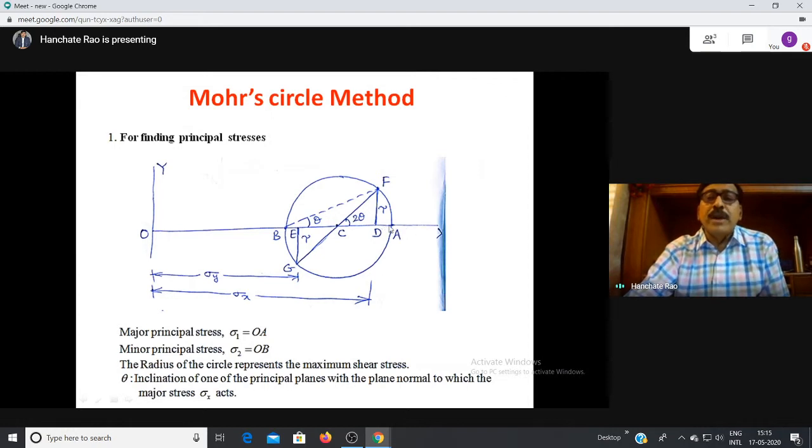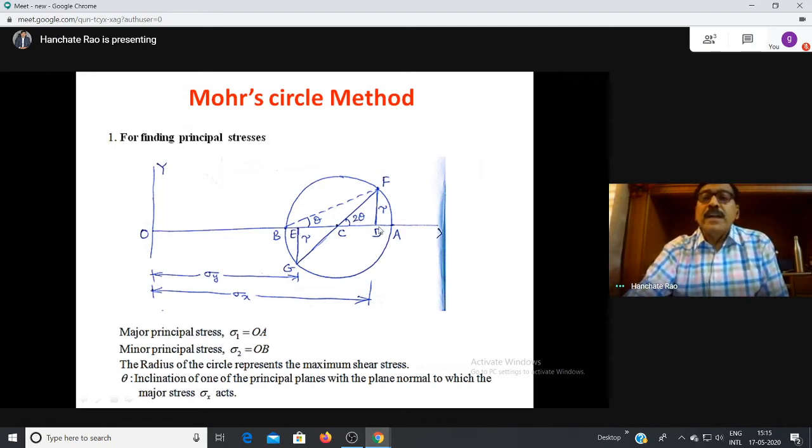We know sigma x and sigma y, so we have put OD equal to sigma x and OE equal to sigma y.